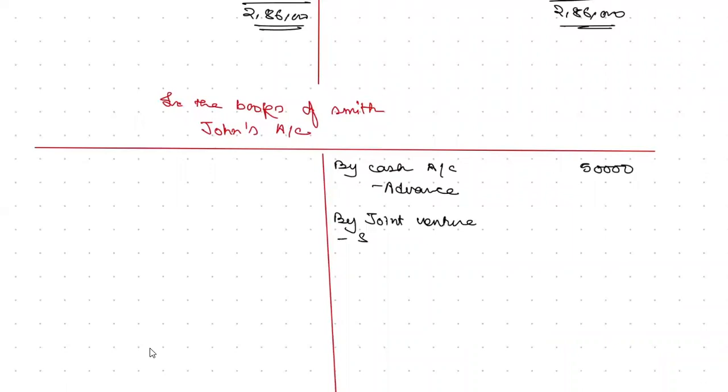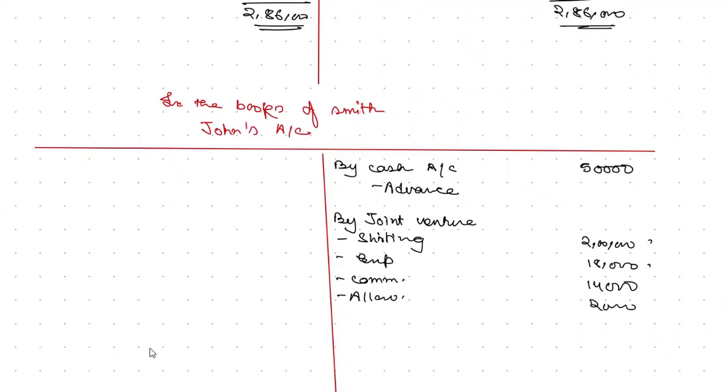At first it was shirting. What was the amount? 2 lakh, I think. Then he has paid expenses, 18,000. He got a commission of 14,000, allowance 2,000, profit 40,000.